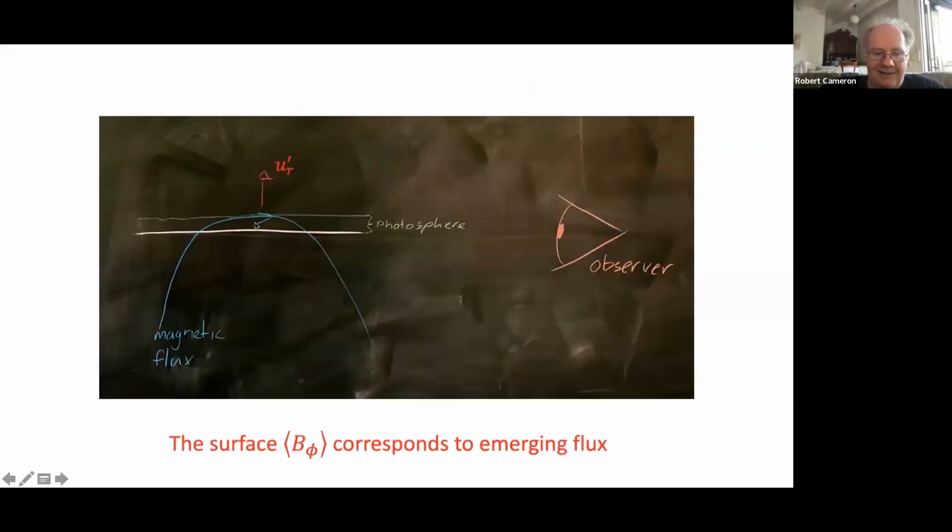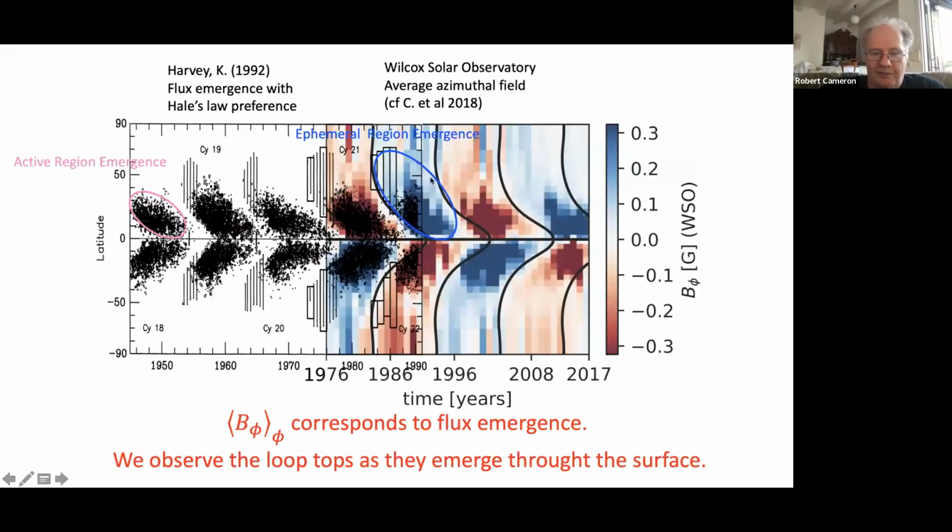We can understand this particularly well if we consider, looking at the limb, a flux tube which is rising: the line of sight component of the field will be oriented towards us. So basically the phi component of the field corresponds to the tops of loops as they emerge through the solar atmosphere.